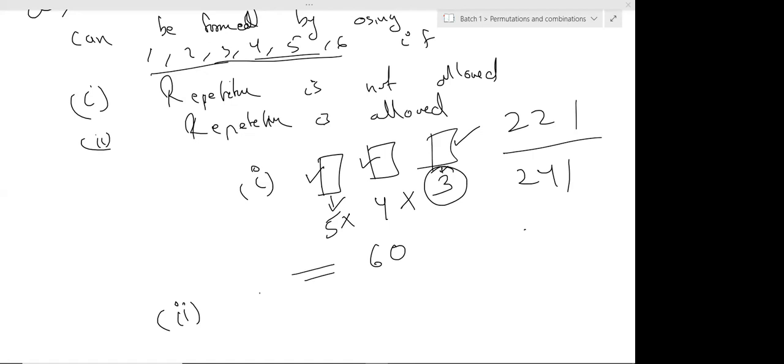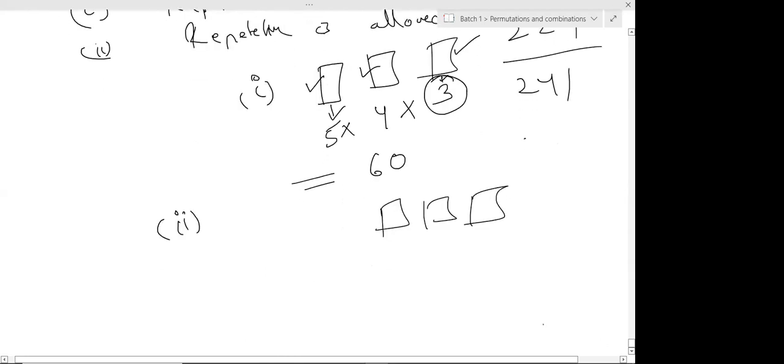Shavya, how is the answer 125? See, let's start with the third box, right? Because odd numbers is the priority. So 3 ways to fill this box. Now first box. Five.